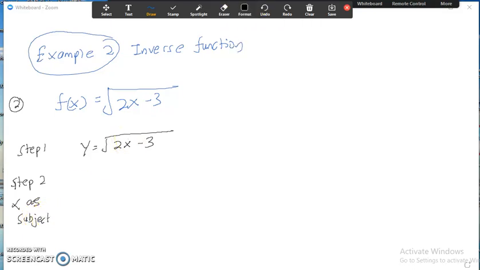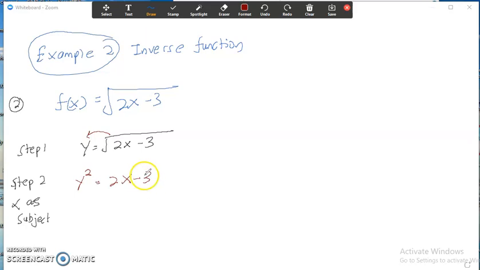So what you can see now, this square root will move to the opposite side, it will become square. And then we move this negative 3 to the opposite side, it will become plus. And this 2, we move to the opposite side, will become divide.